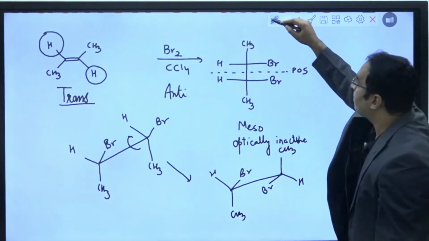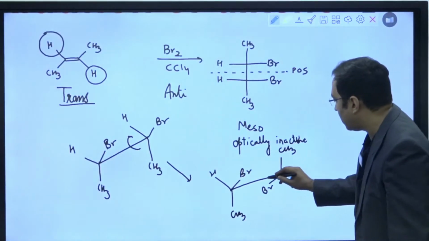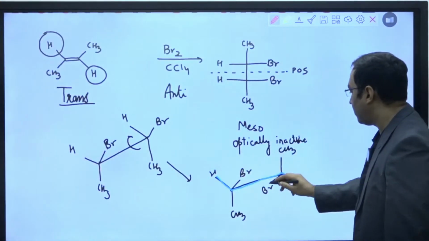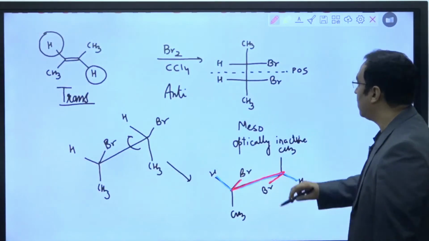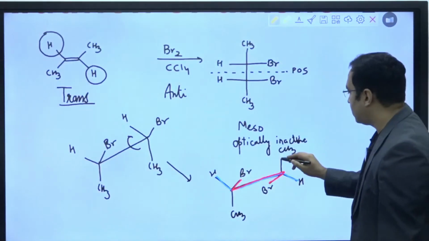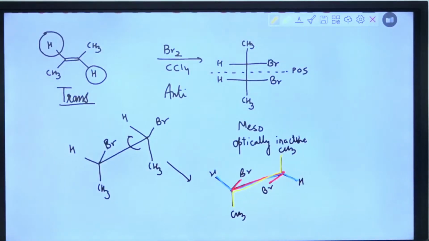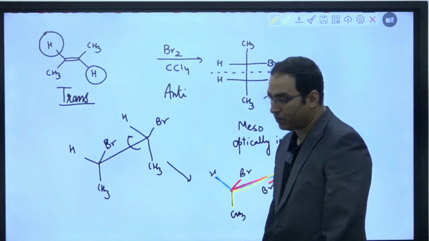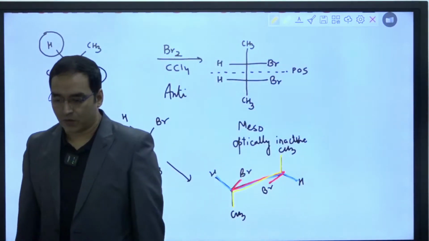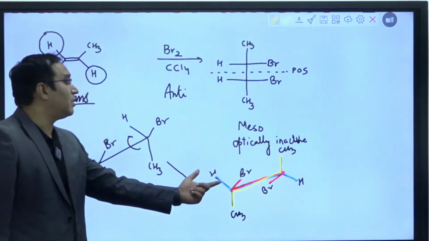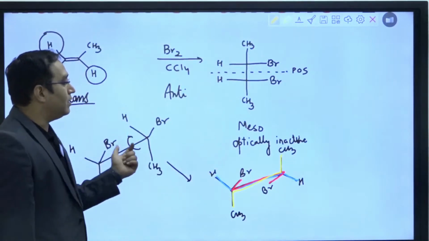Check करने के लिए, see this is opposite, H opposite H. See the next line, Br opposite Br. See the next line, CH3 opposite CH3. Exactly उल्टे हो जाएंगे. Meso, they have to be opposite. Meso में बिल्कुल opposite होगा, ठीक है? This structure is same as this structure. There is nothing different. This is also same as this. These three are same structure.